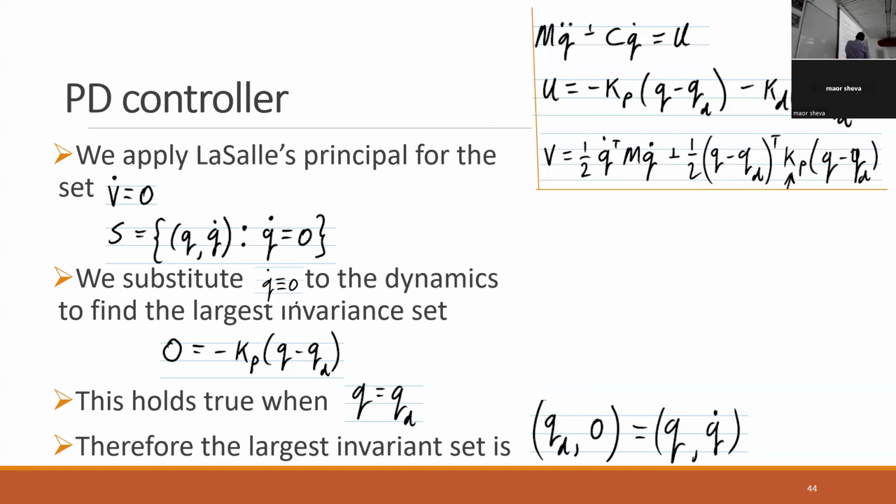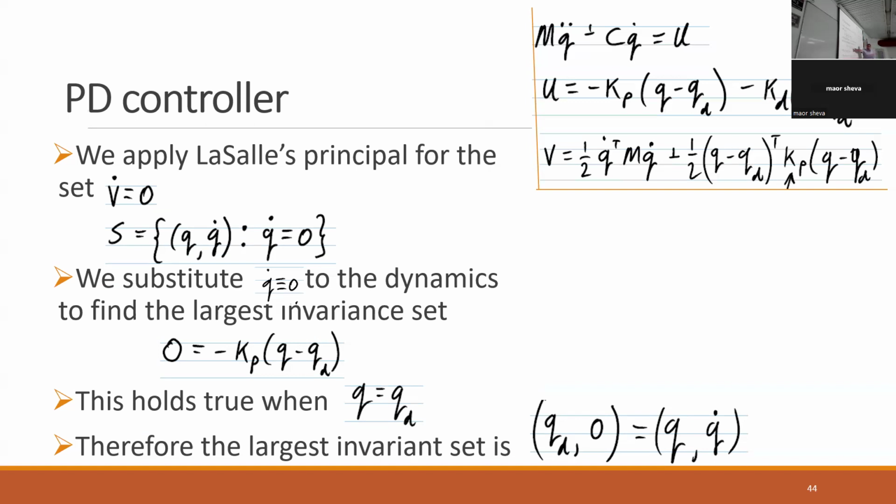So this set of q dot equals 0 is such that when I substitute q dot equals 0 into the dynamics of the system, q dot is 0, and M q double dot is also 0, and in u, q dot is 0, q dot desired is also 0, and I have only this term here, minus Kp (q minus q desired) equals 0.